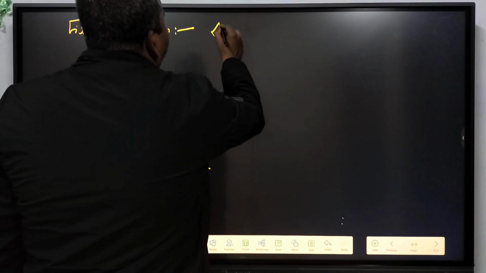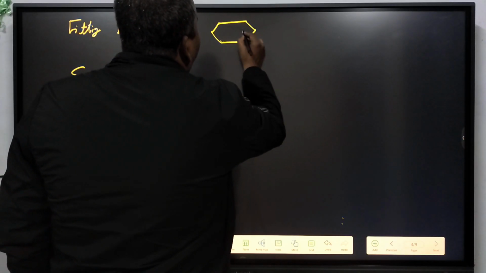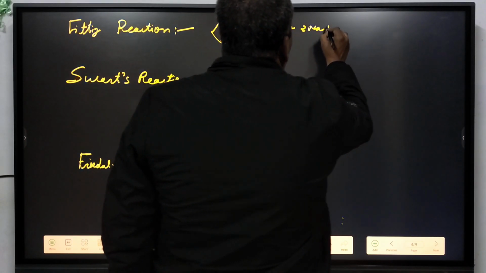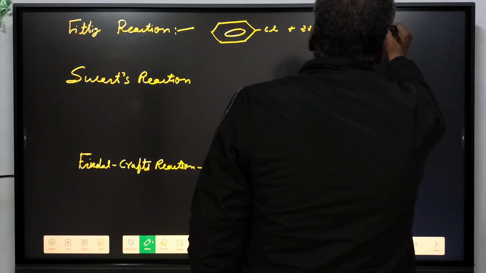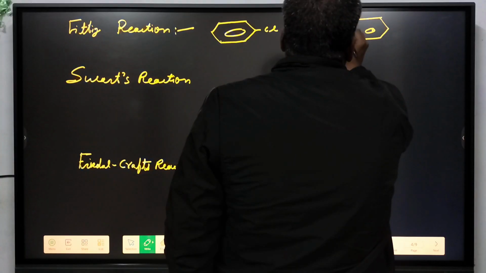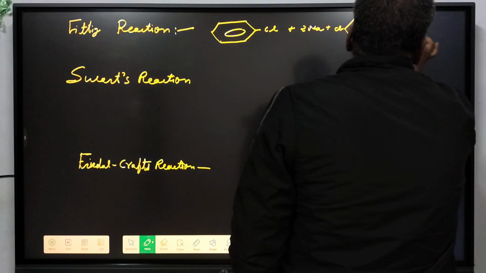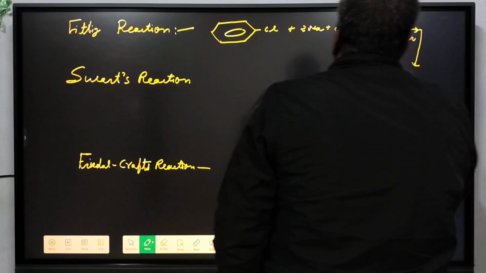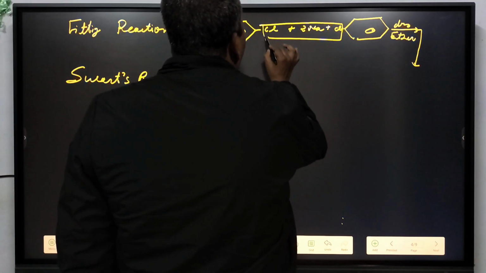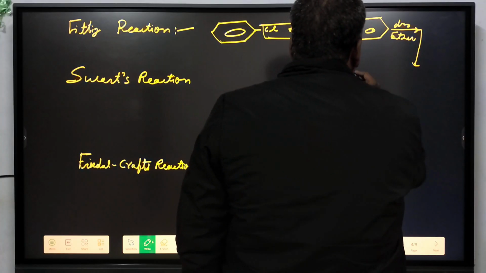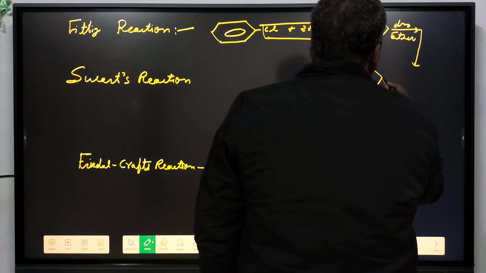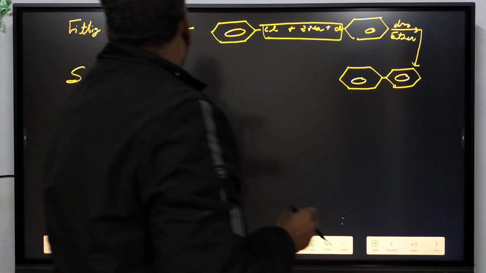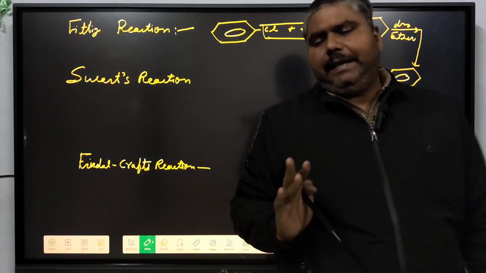Here, chlorobenzene, there are two molecules, in presence of dry ether, the diphenyl is obtained.